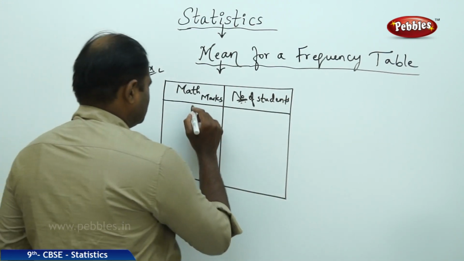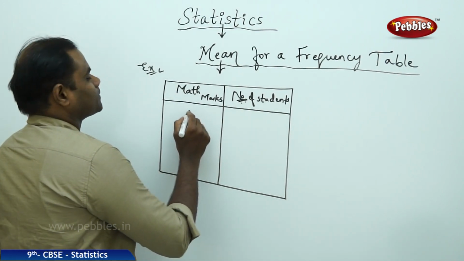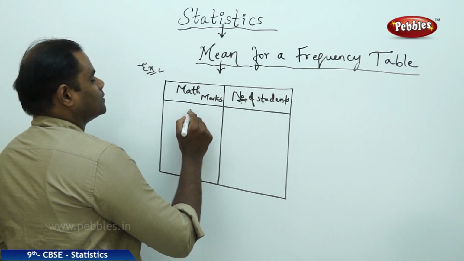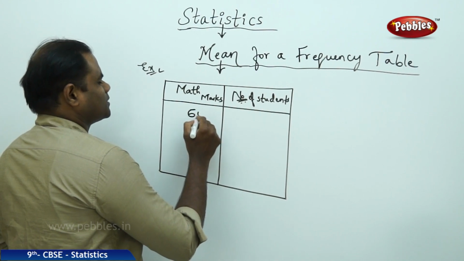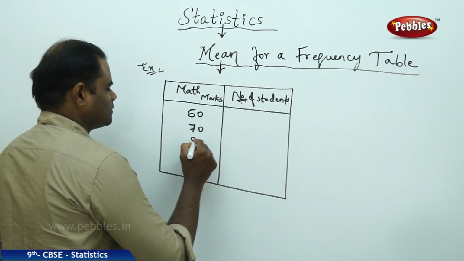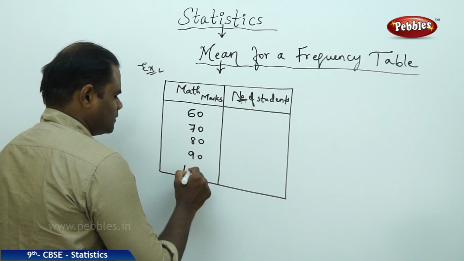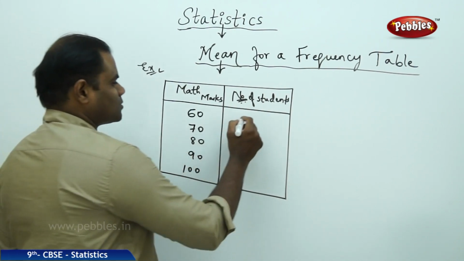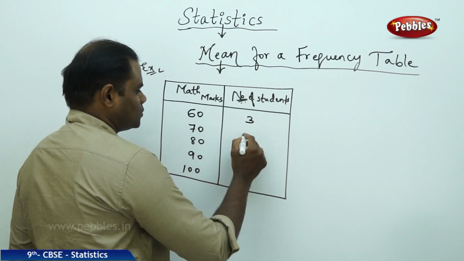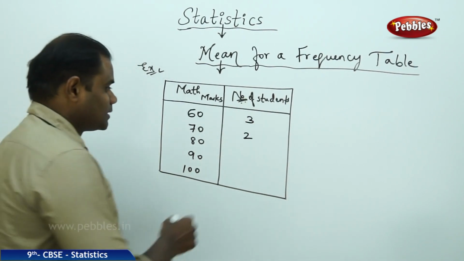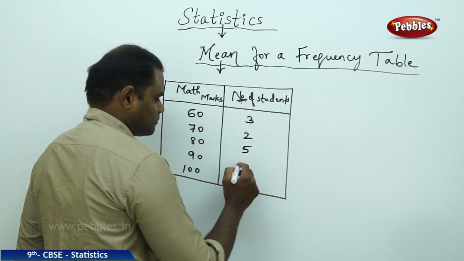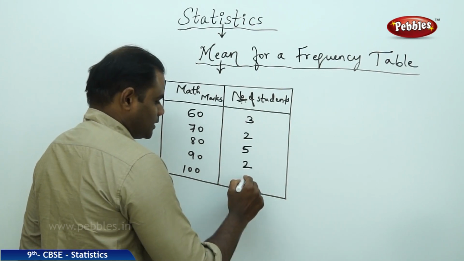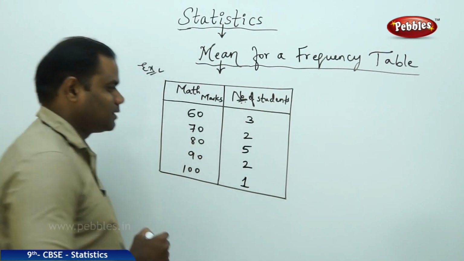Say for example, 60, 70, 80, 90 and 100. Say there were 3 students who got 60 marks, there were 2 students who got 70, there were 5 students who got 80, 2 students who got 90 and only 1 student who got 100.